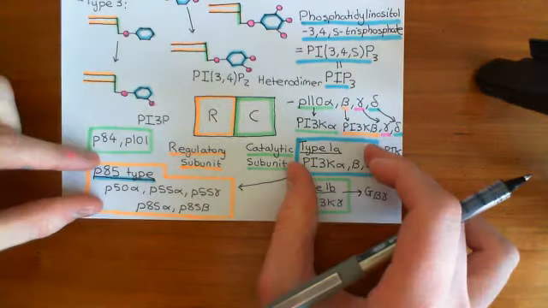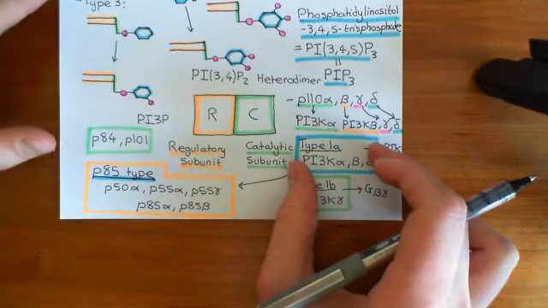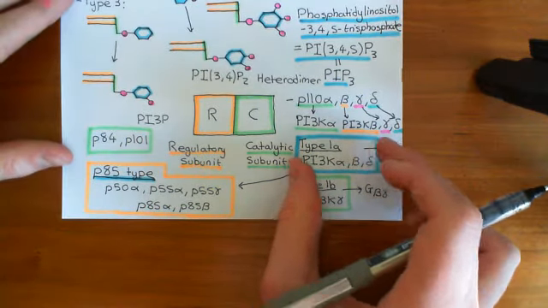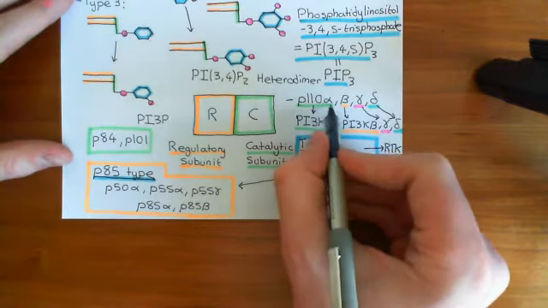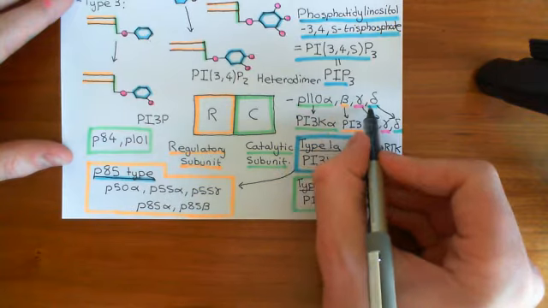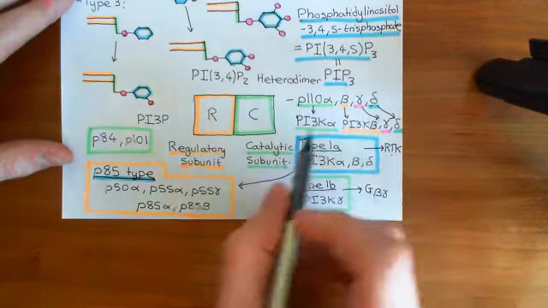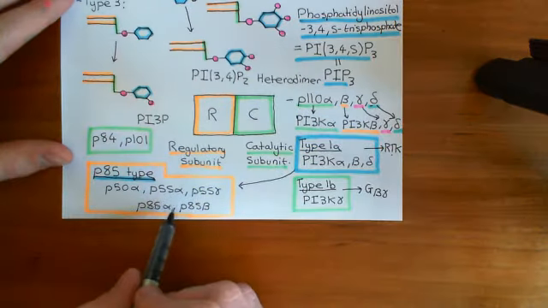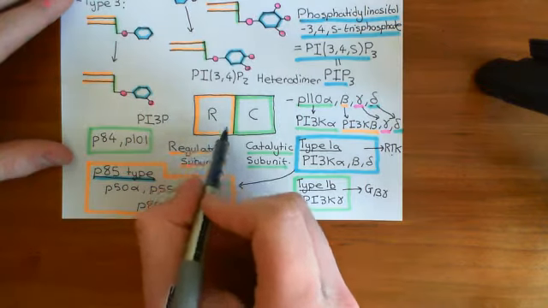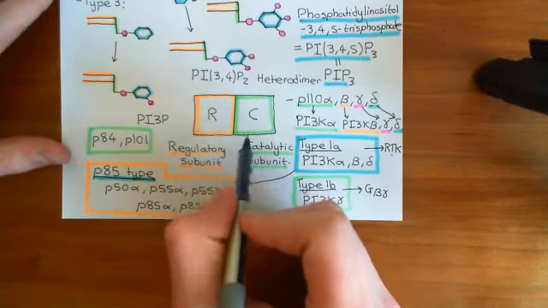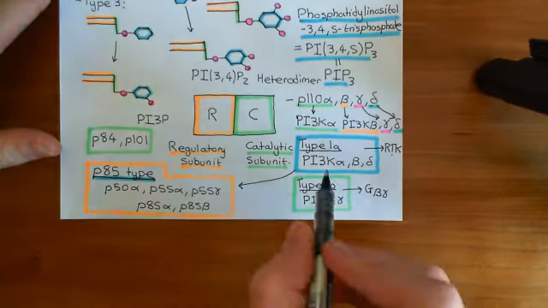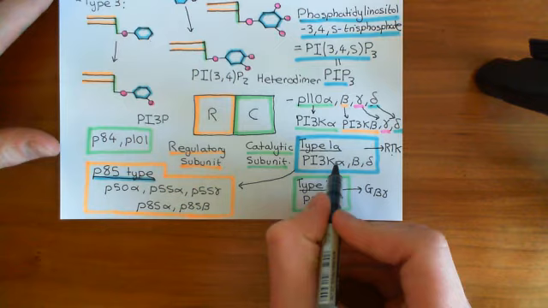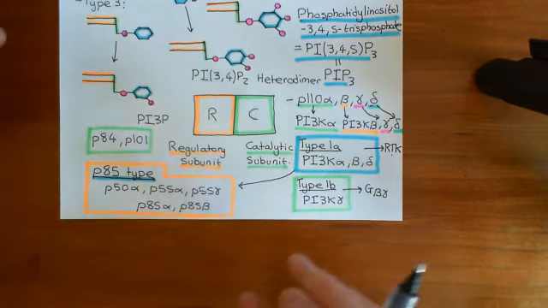Okay, so now a more in-depth study then of these type 1a PI3 kinases, which remember consist of a catalytic subunit, which is either P110 alpha, P110 beta, or P110 delta, and then you have your choice of 5 different regulatory subunits to associate that catalytic subunit with, to make your full PI3 kinase enzyme. But remember, the naming just depends on which catalytic subunit you have, and not which regulatory subunit you use.